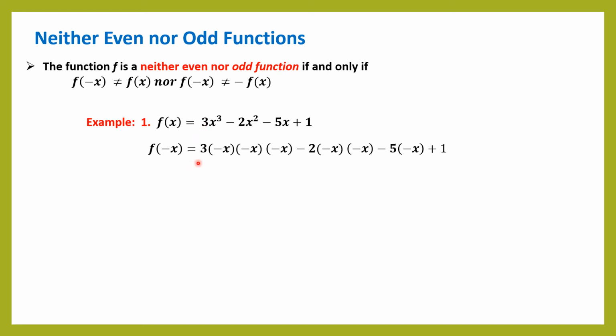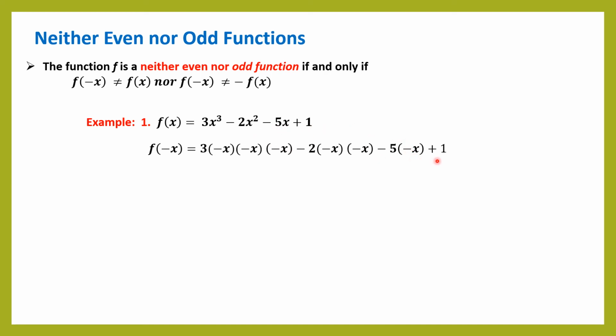So, you just copy 3. And then, yung x, we're going to replace it by negative x. So, ilan? 3. Kasi ang exponent natin ay 3. Just copy negative 2. Then, yung x natin, replace by negative x. So, ilan? 2. Kasi ang ating exponent dito ay 2. Then, negative 5, just copy, x natin, replace by negative x.